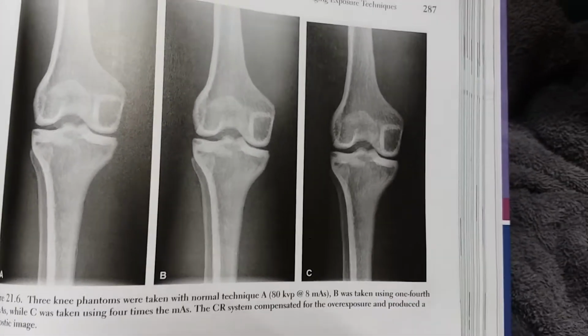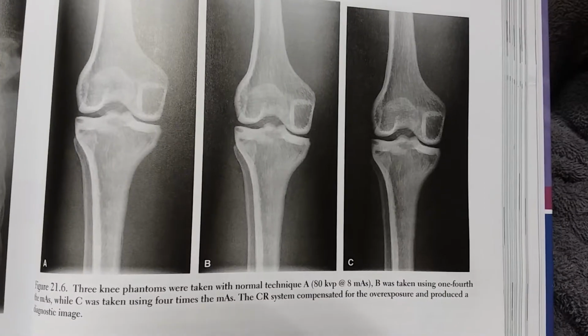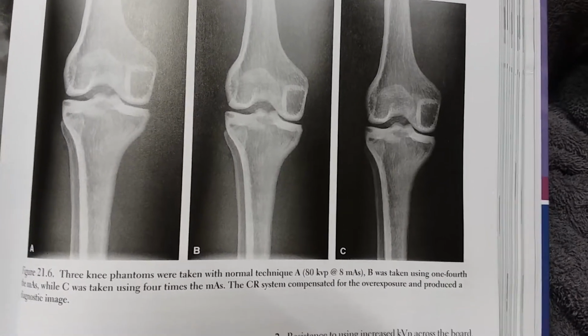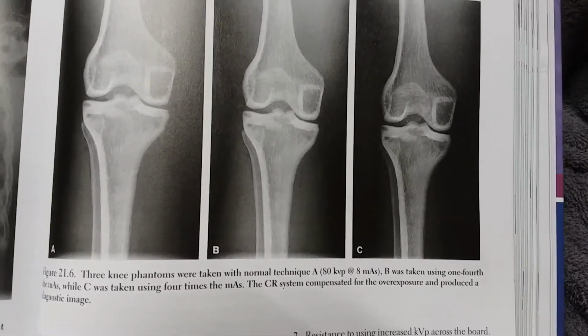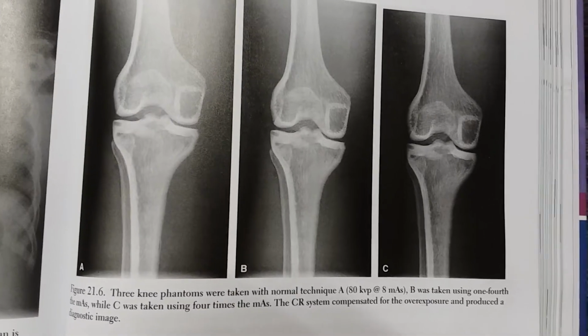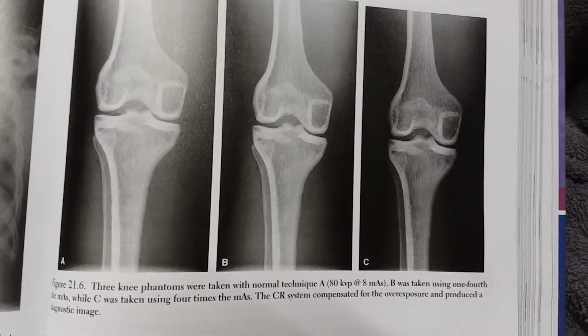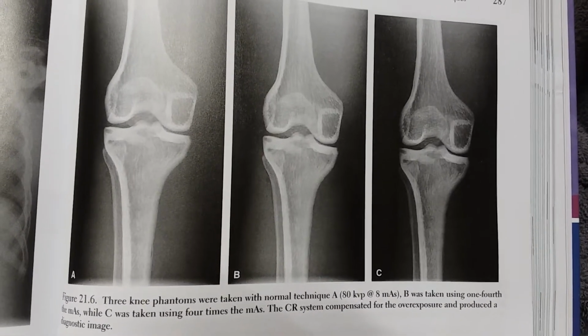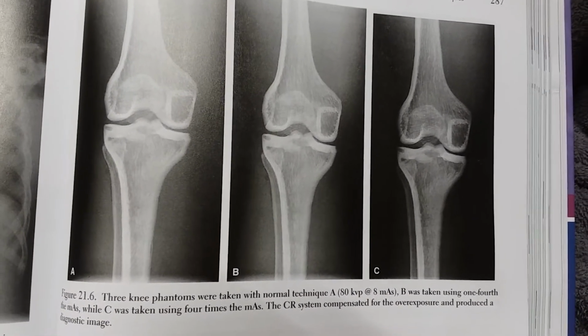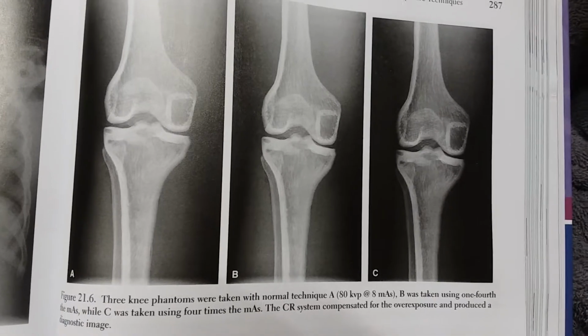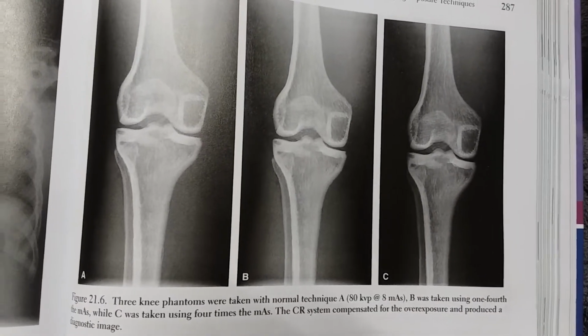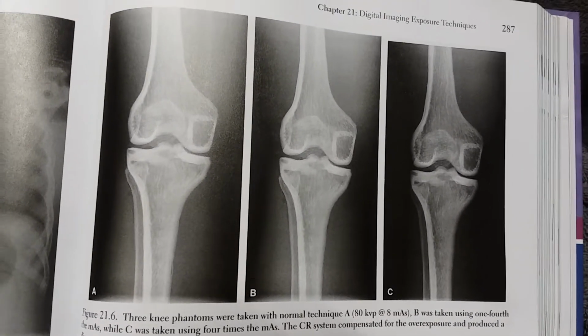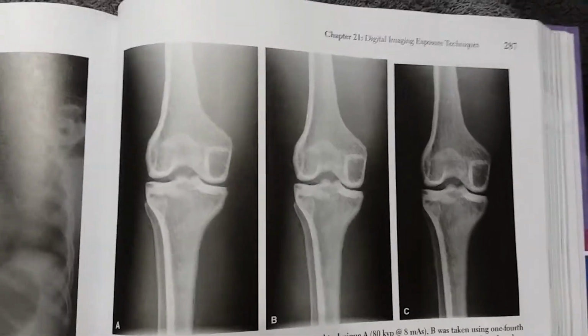And you see B is supposed to show an underexposed image with quantum mottle, and C is supposed to show an image that's still of sufficient quality because the computer was able to correct for 4 times the normal mAs and still look good. So B is underexposed with quantum mottle. The computer can't make something out of nothing. And then C is normal with just 4 times the mAs.